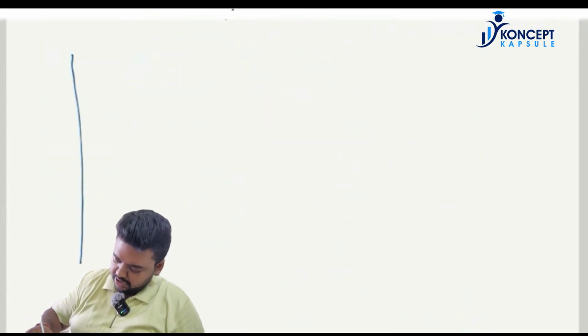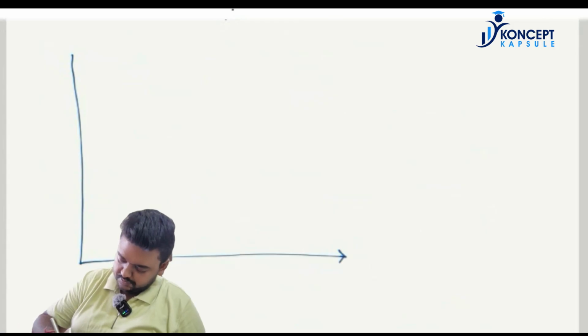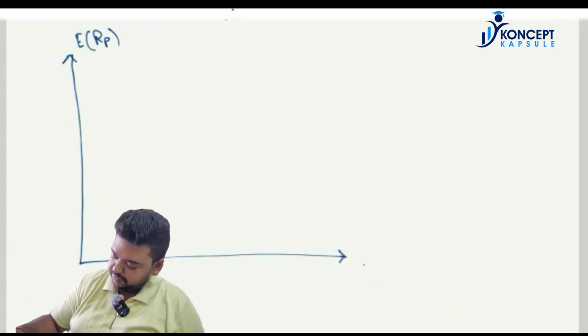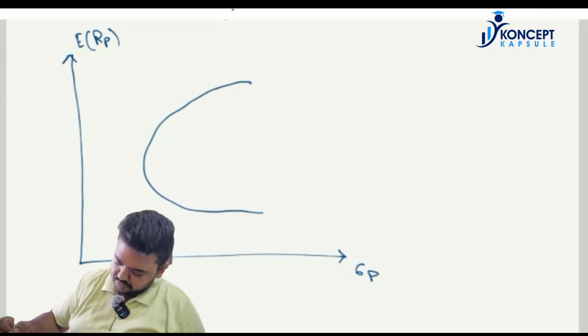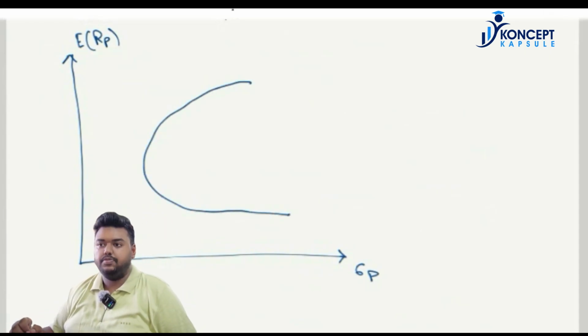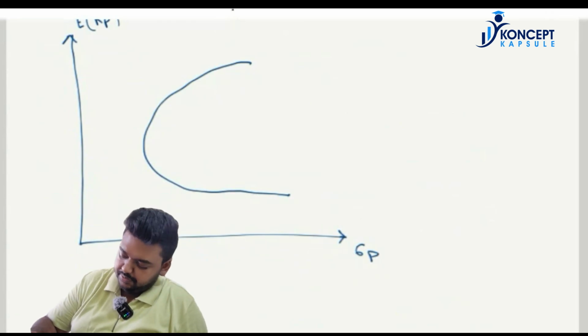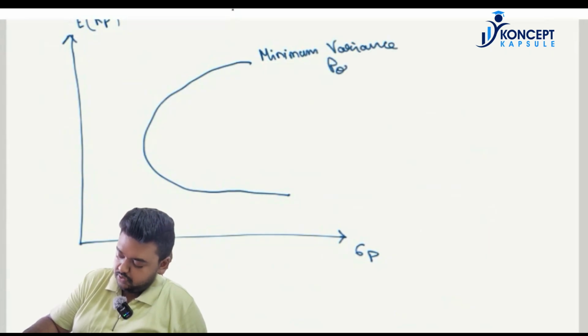When we draw it on a graph, it looks like this. This is the minimum variance portfolio graph.